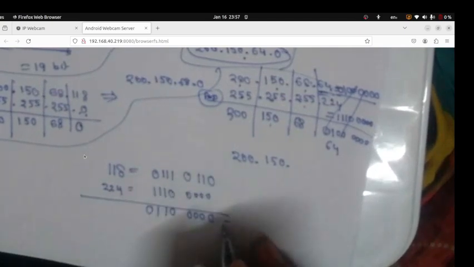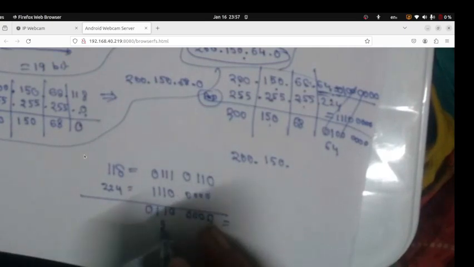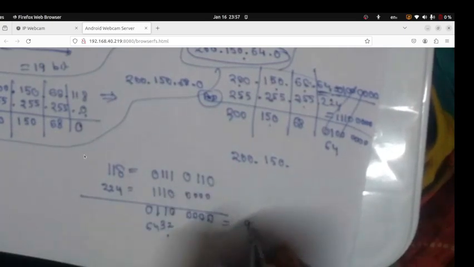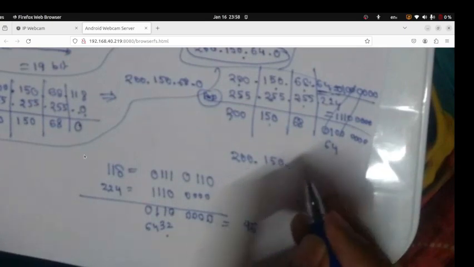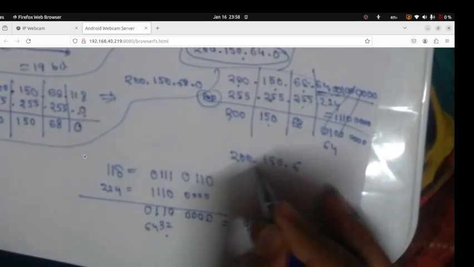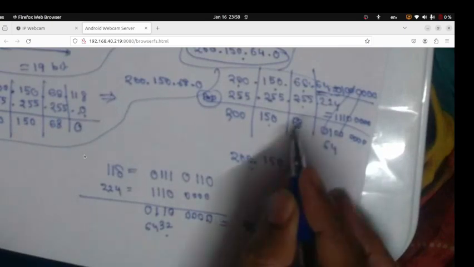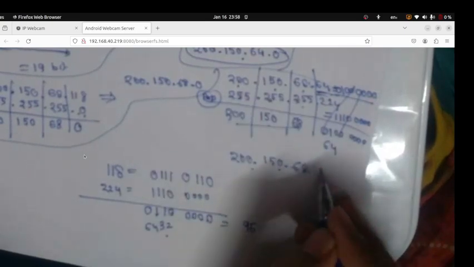So what is its decimal equivalent? 1, 2, 4, 8, 16, this is 32, this is 64. So it will be 96. So what will be your network address extracted from this particular destination address and for this particular mask? It is 200.150.68. They will be as it is because they are all 255, and the last octet is 96.